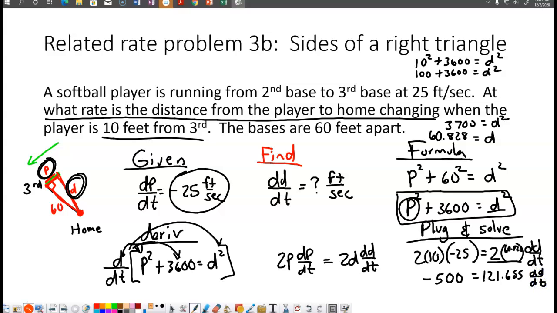And then dividing both sides by 121.655, we can end up with our final answer. Oops, so I'll write it like this. And I get negative 4.12. And once again, that's going to be in feet per second.